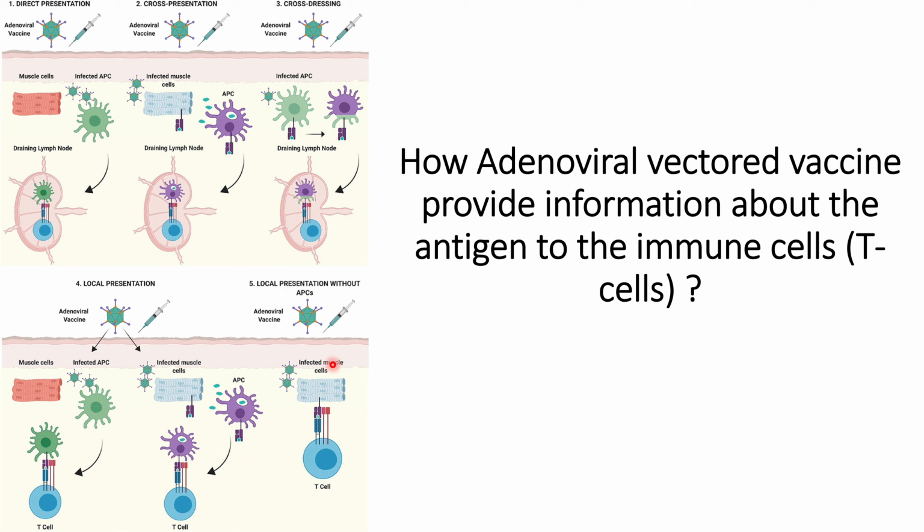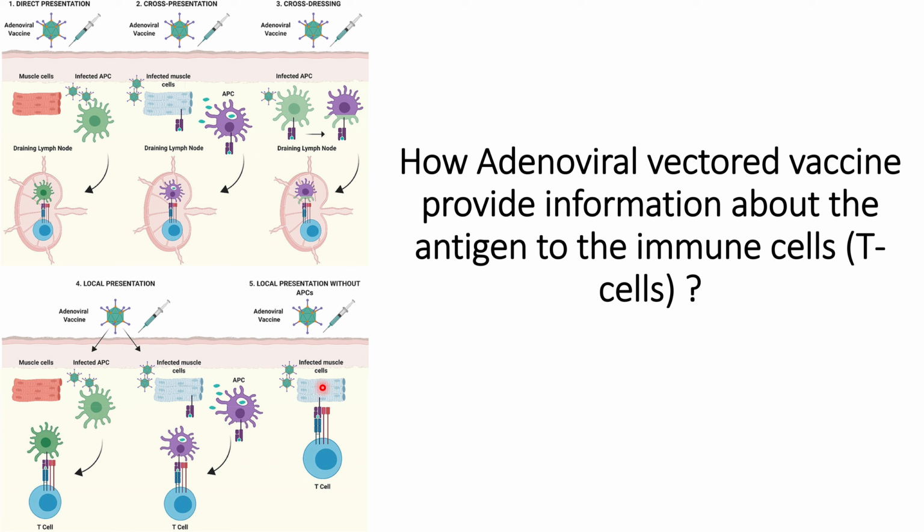In this case, since there is no intermediate, the time required for the immune response against the antigen information enveloped in this adeno associated vector will be fast compared to all the other cases.